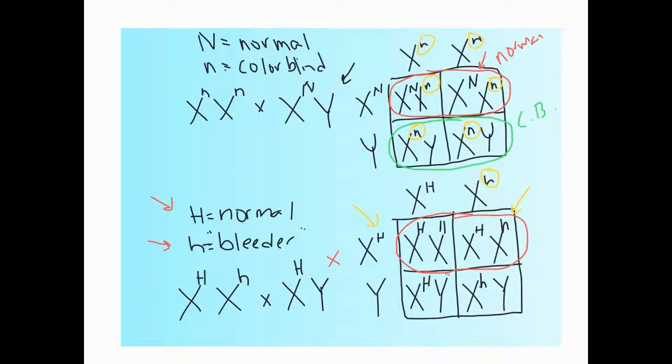This boy over here, he was lucky. He got the normal allele from his mom. The mom could have gave either one. And this guy lucked out. This guy over here in the corner, on the other hand, did not luck out. He received the hemophilia allele. So, when it comes to males, 50% will have hemophilia and 50% will be totally normal.